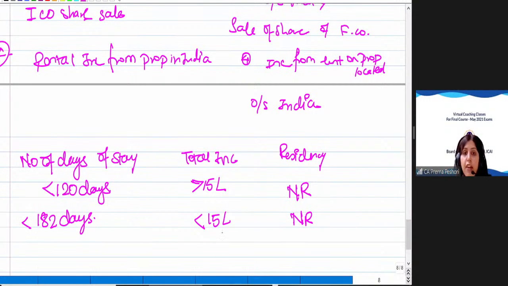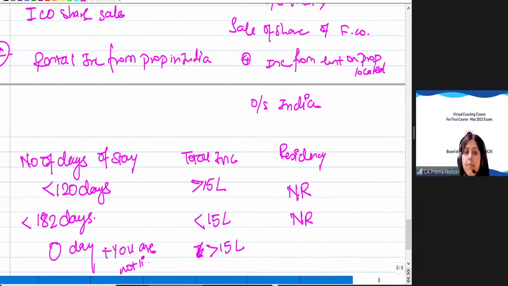And if your income is greater than 15 lakh, and even if you have not visited for even one day, plus you are not liable to tax anywhere, then in that particular situation, you will be considered as a resident.